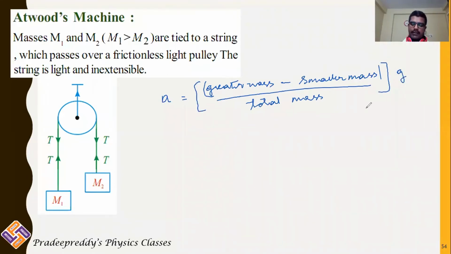This is the equation which we have derived: greater mass minus smaller mass divided by total mass of the substance.